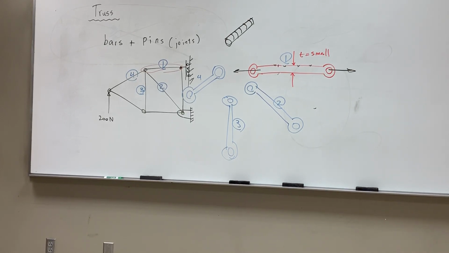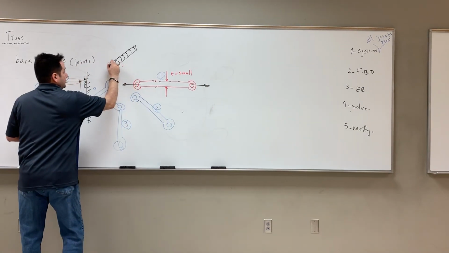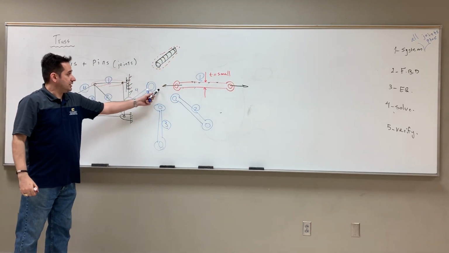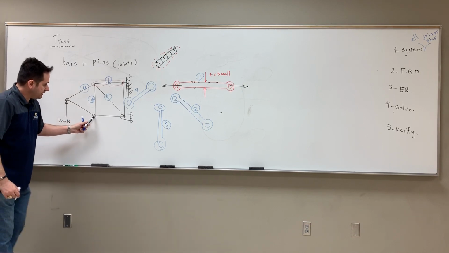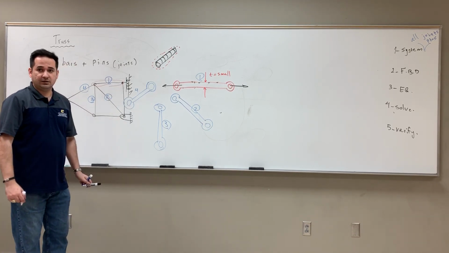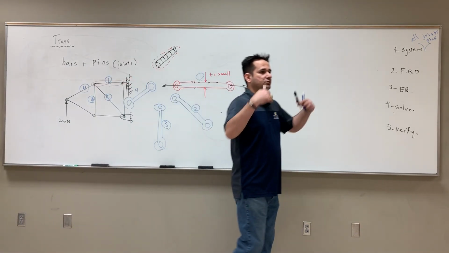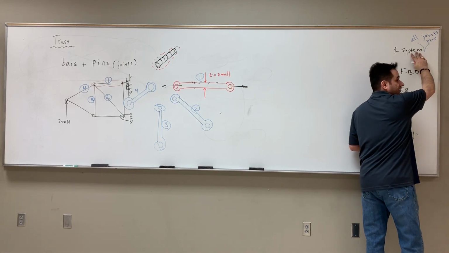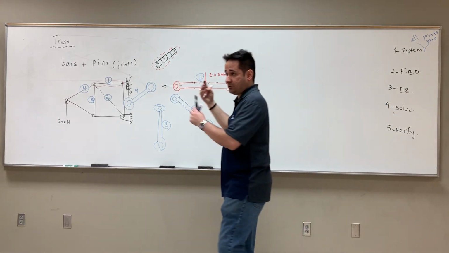Now, if you choose that pin as a system, so when we say method of joints, our objective is to draw the FBD for this pin at this location, and also there is another one here, and another one here, and here, and here. See that? So when we say solve this problem using method of joints, that means don't think about the choice of system. Automatically, your system is all pins or joints. That's the reason we say method of joints.